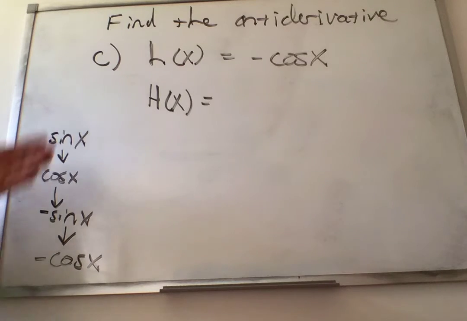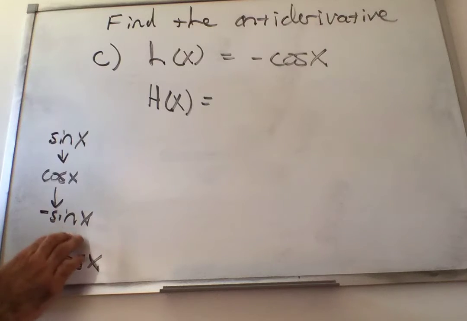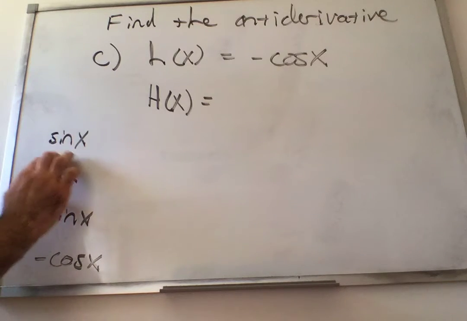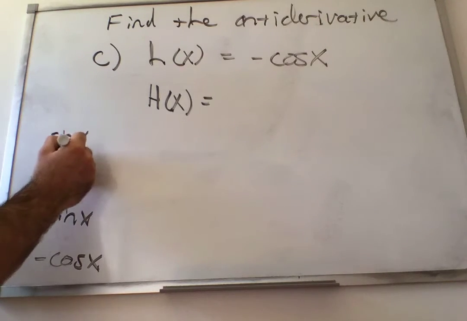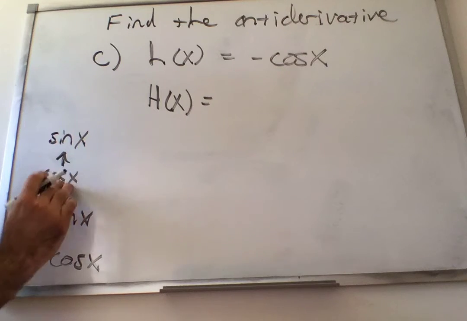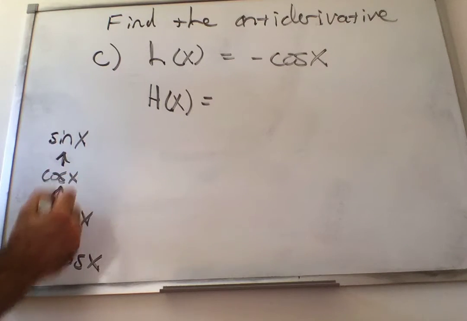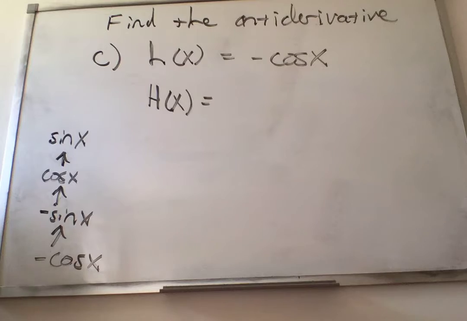If you were to do antiderivatives, well, if you guess that it just goes backwards, I mean, that's a correct guess. It's just in reverse order, okay? So if you have negative cosine of x, the antiderivative of negative cosine of x is negative sine of x.